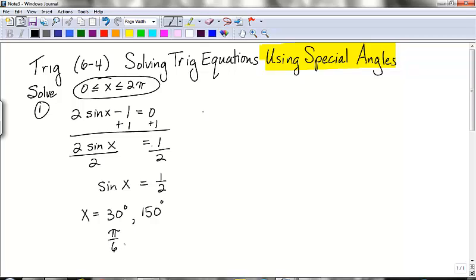If you don't have that on your chart, write it above it. Remember, you can multiply 30 by pi over 180. So 30 degrees is pi over 6. 150 degrees is 5 pi over 6. And those are the two values that would solve that.